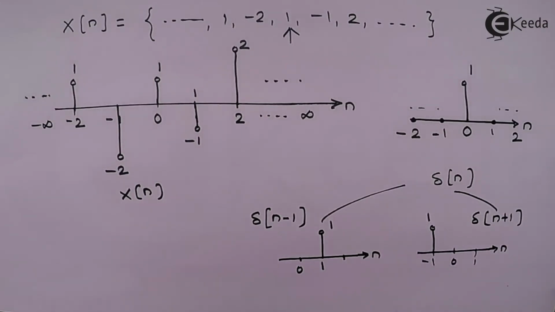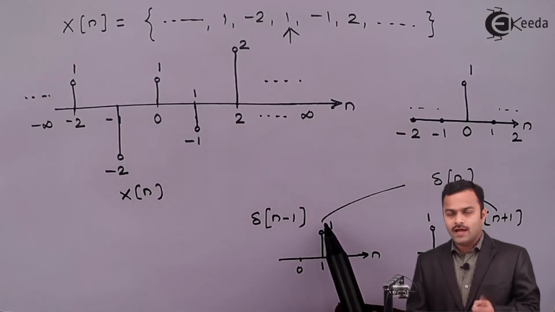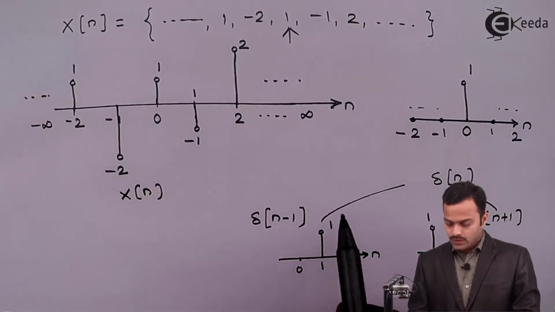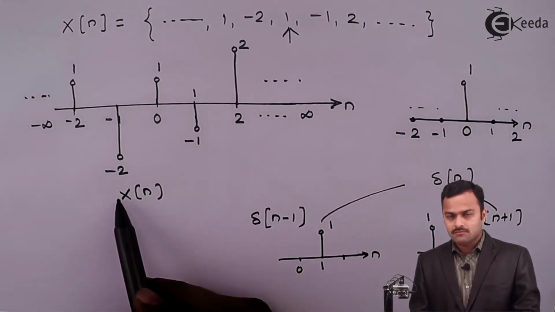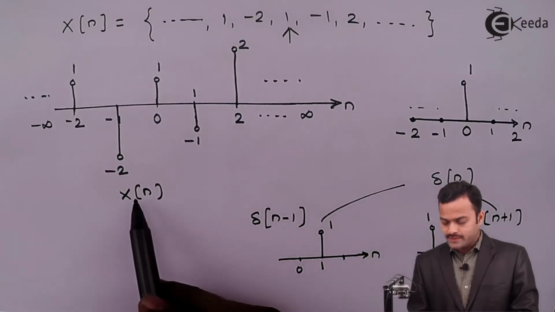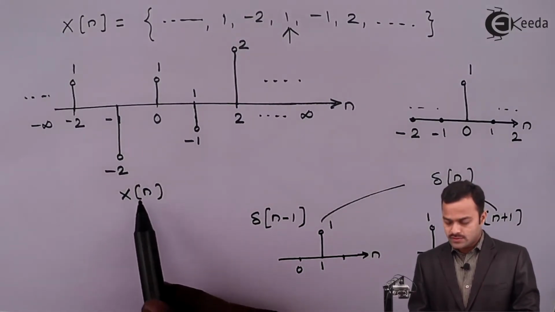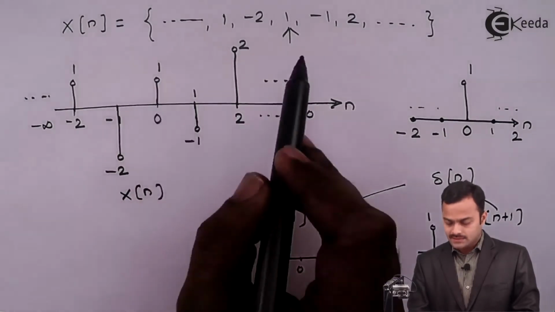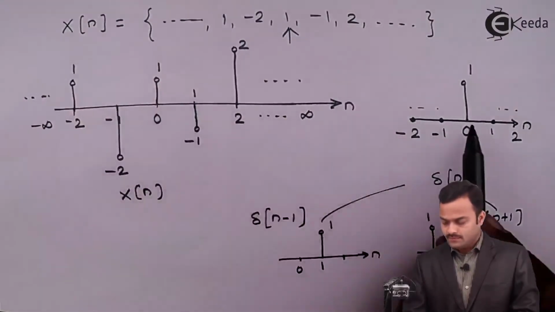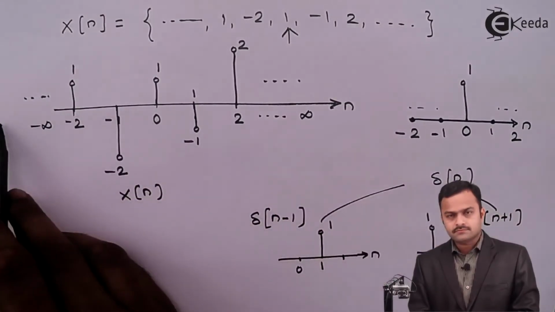So the magic of this delta is that whenever I multiply delta with some function, I will get a value equal to the original sequence, but the instant is decided by the delta function. Meaning, if I want the value of x of n at n equal to 0, I will multiply this entire signal with delta n so that it makes the remaining part 0.